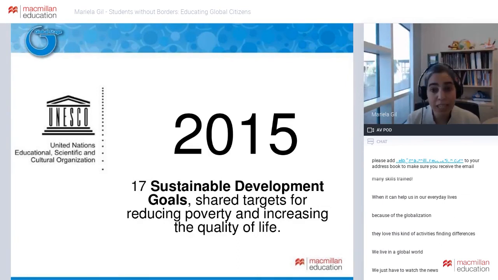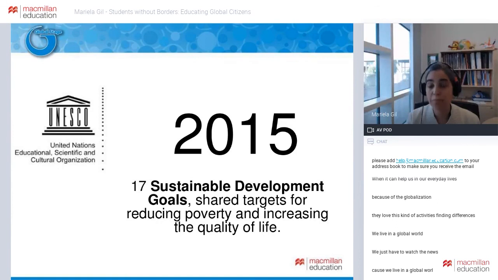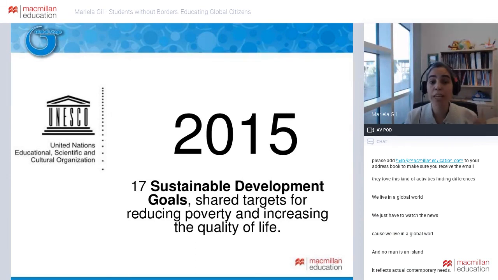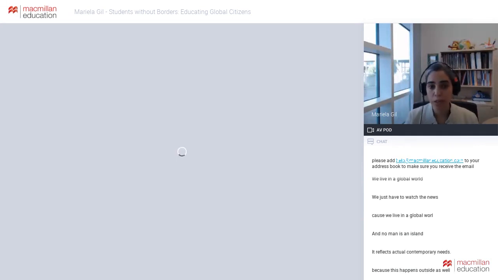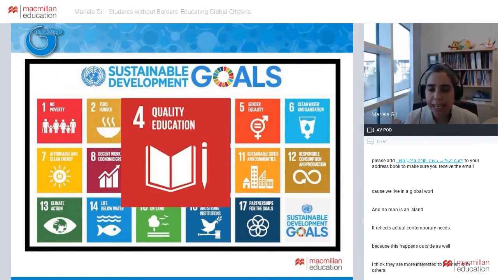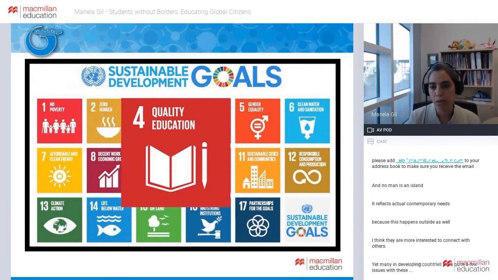This is something that 197 countries have signed up for, and people are trying, whether it's governments or different governmental organizations or education institutions or even companies and groups of companies. They're all looking to see how we can meet the Sustainable Development Goals. Goal number 4 is quality education. So education is seen as a key element to getting to these SDGs.